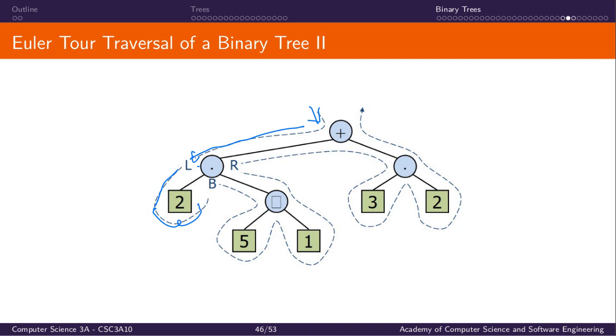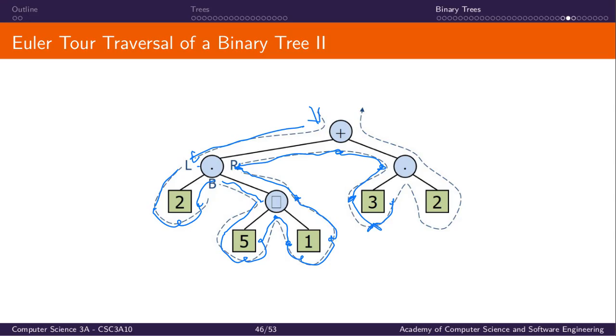Then we go back to its parent, we visit it from below, then we visit the right child of that node from the left, then for each leaf, left, below, right, then its parent from below, then this one from the left, below, right, then its parent on the right. And then we go back to that parent, which is the left child of the root, visit it on the right, then visit the root from below, then visit the right child from the left, this external node from the left, below, and right.